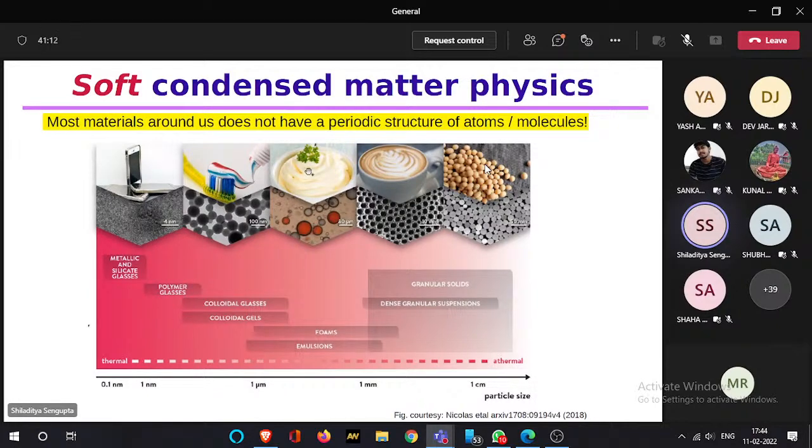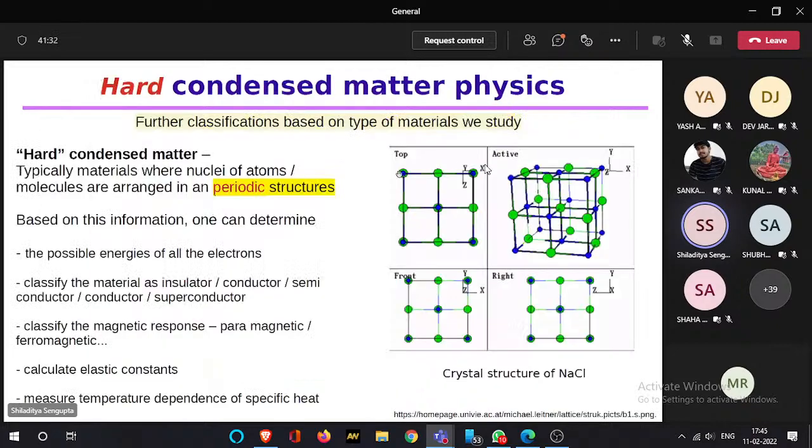All these materials are all around us, and when these building blocks come together, they are called soft because it is easy to break them apart. The cohesive bond between the building blocks is very small compared to crystalline structures.